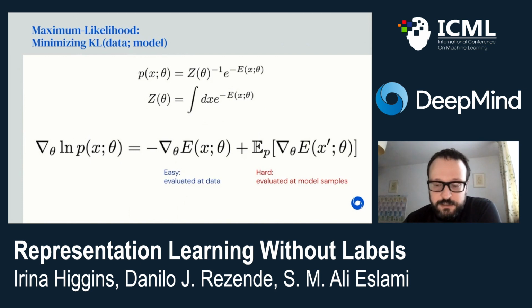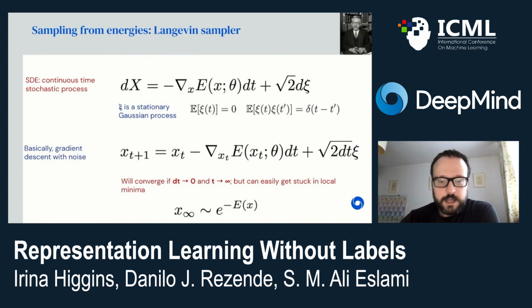So there are many things we can do. Before going to alternative algorithms, I'll go through various ways we can use to sample from this model. One of the simplest things we can do is called the Langevin sampler. This is very popular in machine learning papers because of its simplicity. Langevin sampler is merely a gradient descent algorithm with noise.